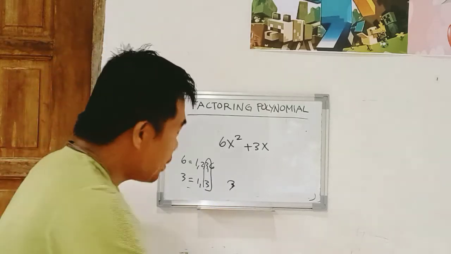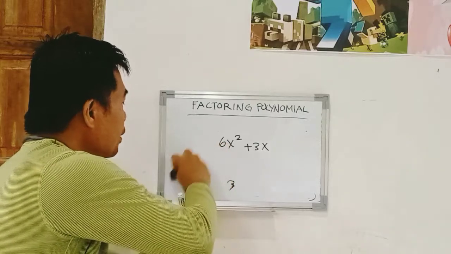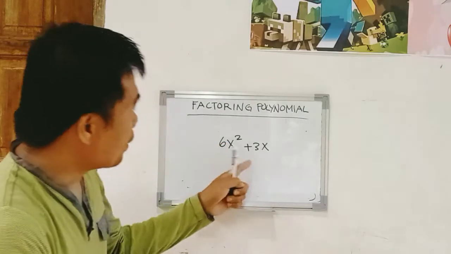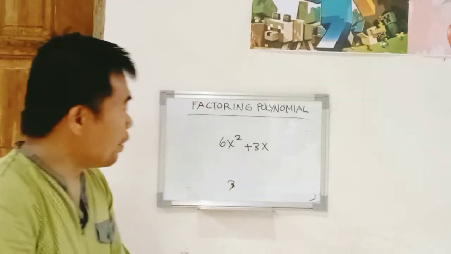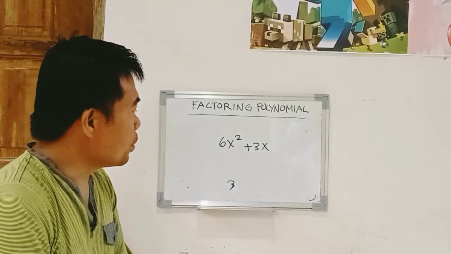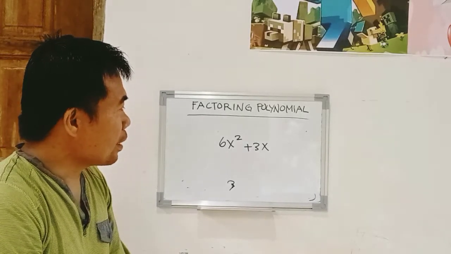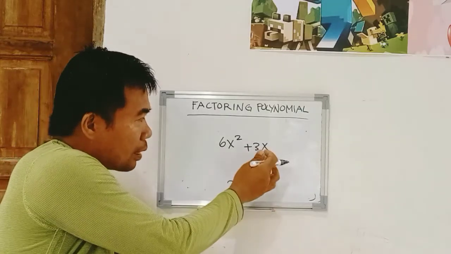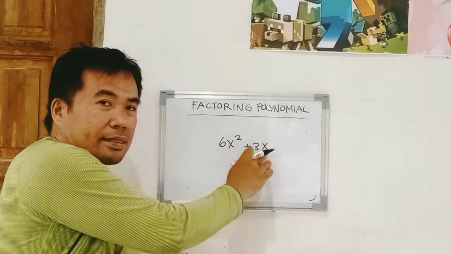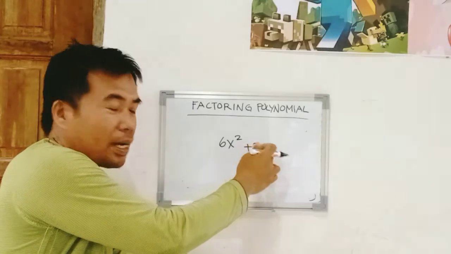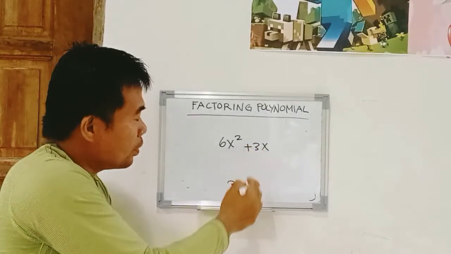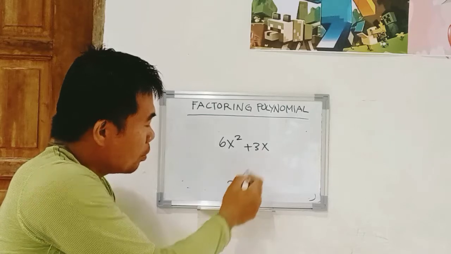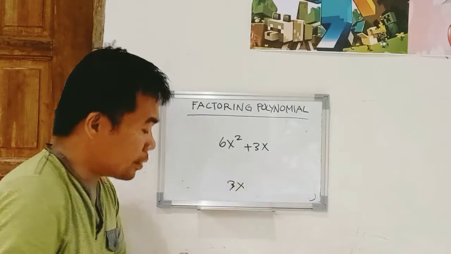So the next step is taking the common factor for the variables. In taking the common factor for variables, we get the variable with the least exponent or the least power. So in this example, the common factor for variables is x.